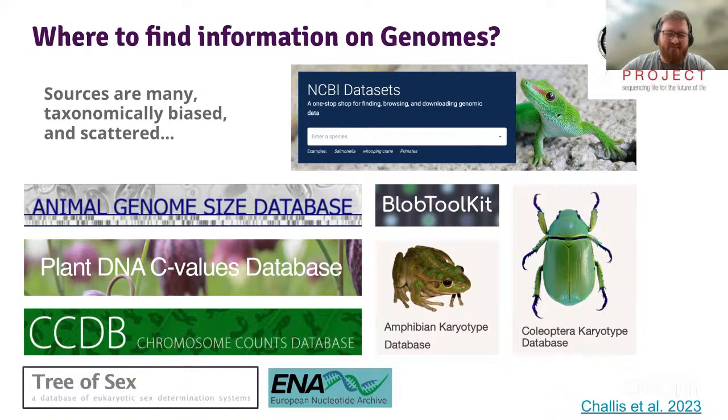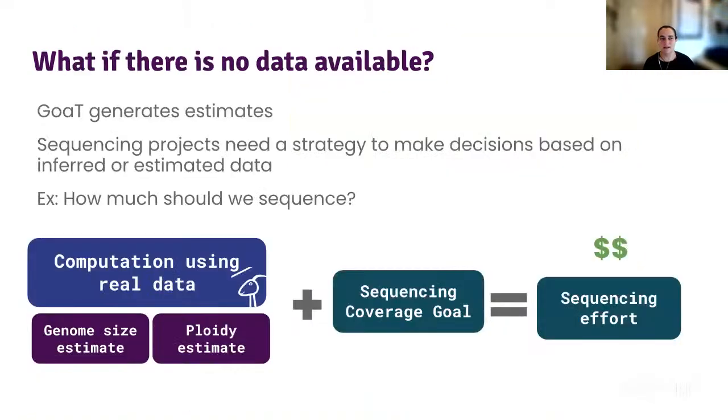As a quick overview, these are the sources that I was talking about. We have many sources, many dedicated databases, and they're all over the place. But there is a lot of missing data, and there are taxa for which we have no chromosome number, for instance. So GoaT can estimate based on taxonomy to inform better, so people can take informed decisions when trying to sequence something.